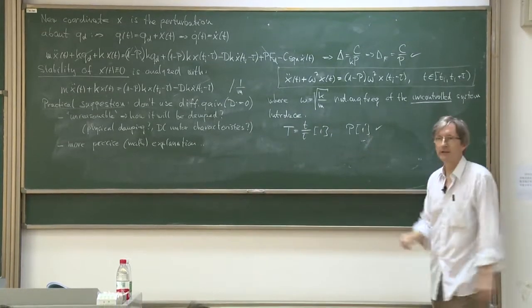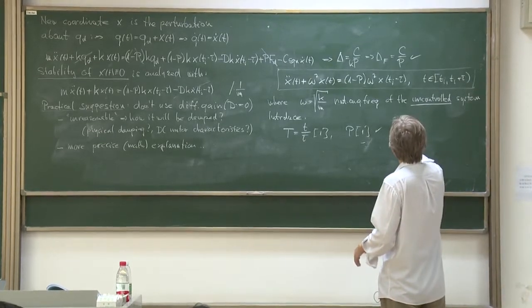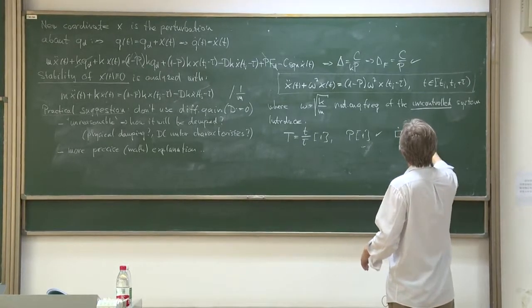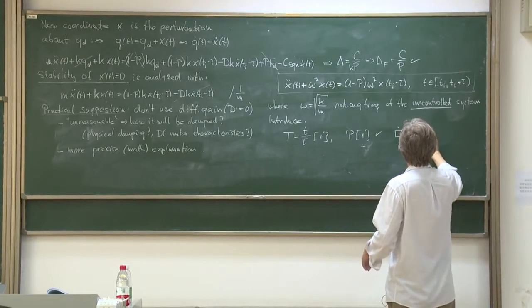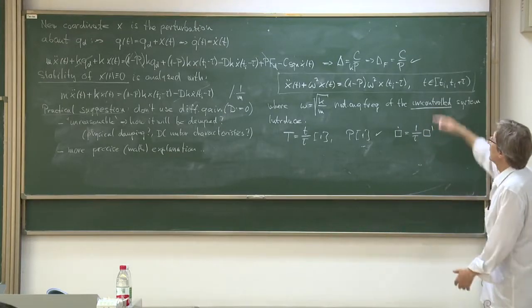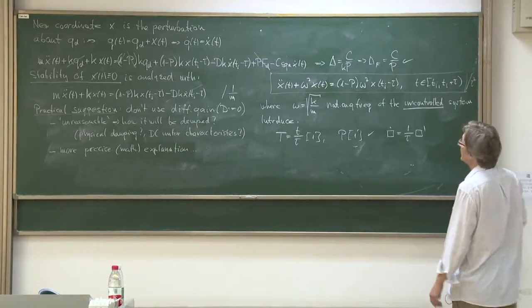So that was okay, we didn't have to introduce it. And again, I will denote by y dot the d over dt. It will be 1 over tau times differentiation with respect to the dimensionless time. So I will multiply the whole thing by tau squared, okay?